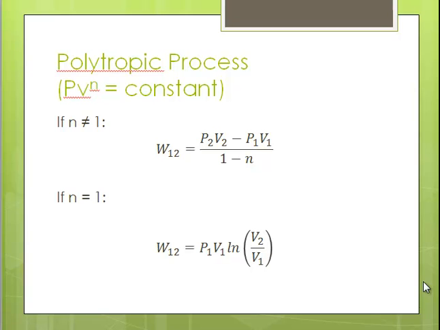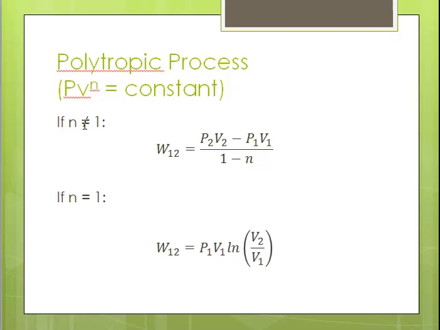How about a polytropic process? Now, a polytropic process is going to be any process where I can say that pressure times volume to some power is constant. That power is going to be called my polytropic index. And this is sort of an odd one.